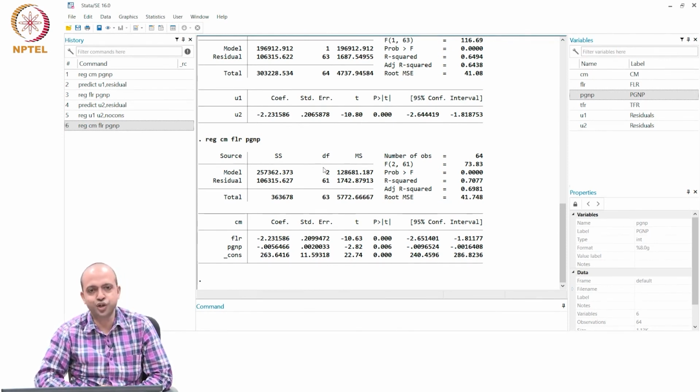These things we have not yet discussed. We will understand the importance of the F statistic and adjusted R square in our next class. That will be discussed in our next class.